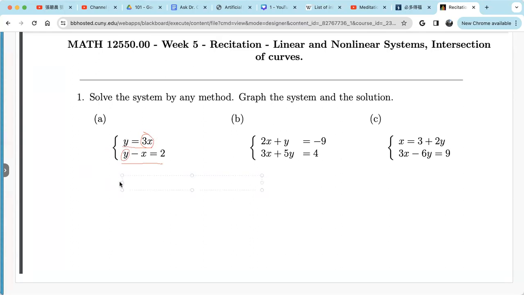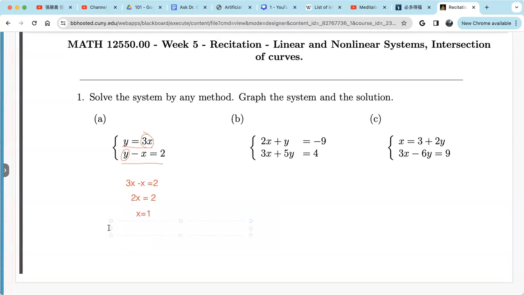So then y becomes 3x minus x equals 2. Well, 3x minus x, that's 3x minus 1x, which is 2x, equals 2. Then we divide by 2 on both sides, so x equals 1.